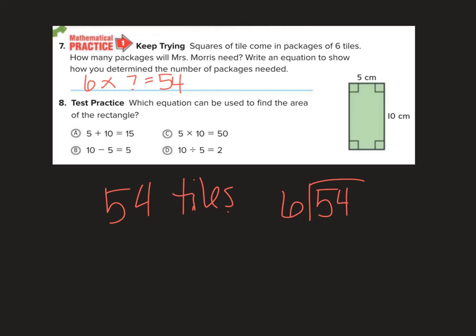Well, I know that 6 times 10 equals 60, which gets me real close. So what would happen if I did 6 times 9? If I do 6 times 9, I just have to subtract 6 because I'm taking one group of 6 away, and I would get 54. 6 times 9 is 54, so she will need 9 packages.